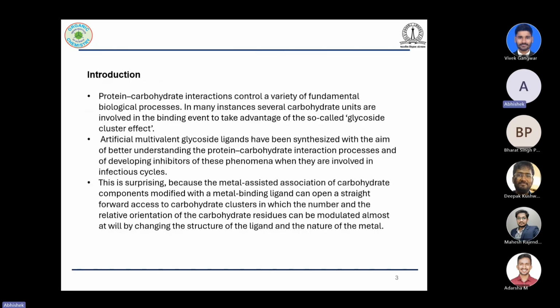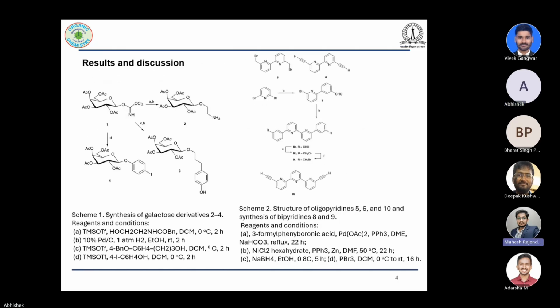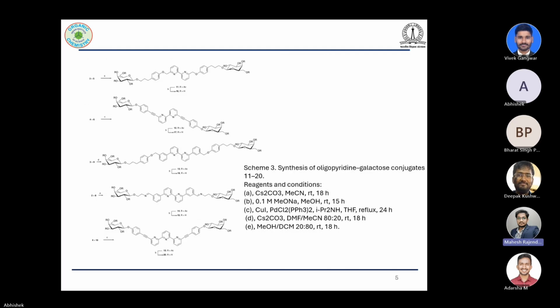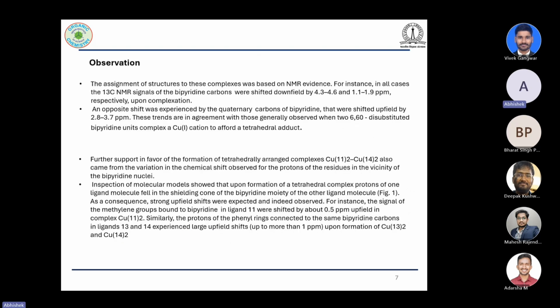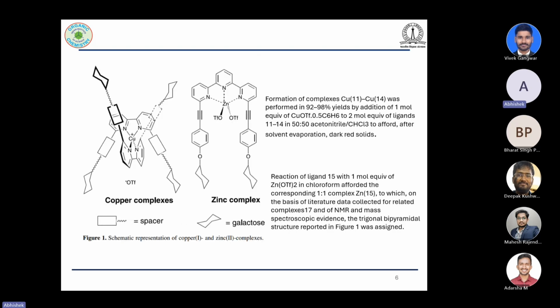Abhishek, where they explained the NMR studies, have they directly given only the sentences, or do they have some NMR data? By NMR data, they are concluding that before complexation of the metal and after complexation of the metal, deshielding and shielding effects are observed. There are some comparing figures, I think.